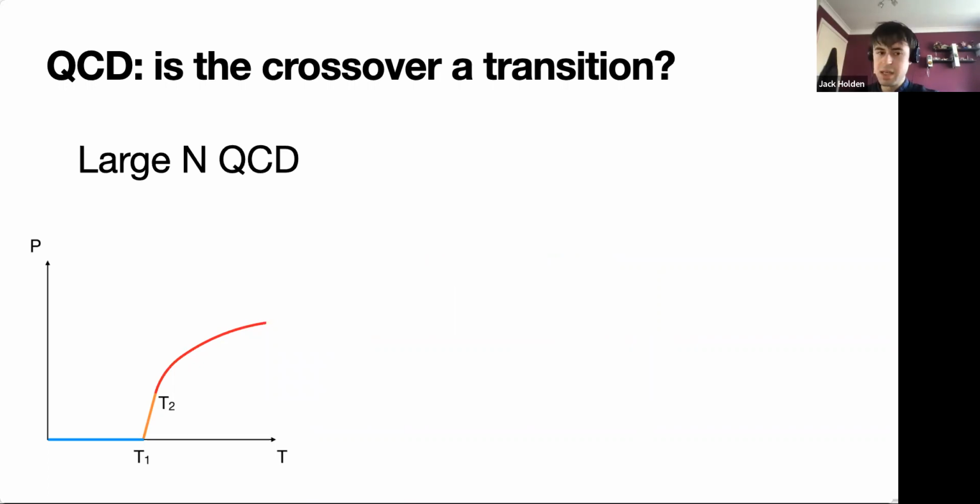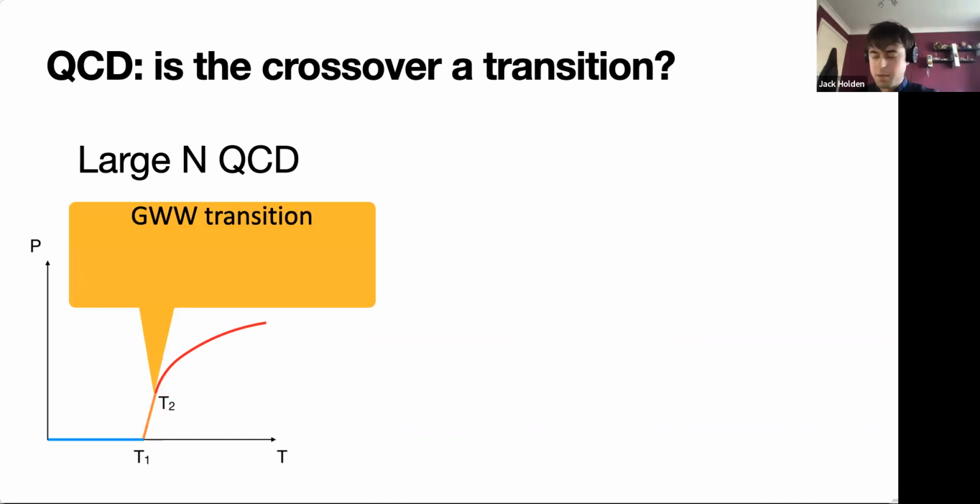So in large N QCD, we know that the phase diagram looks like this, where the partial phase is stable. And so we know that the Gross-Witten-Wadia transition must occur because we're at large N. So it occurs between the partial and the deconfined saddle. And it's natural that chiral symmetry breaking also occurs here.